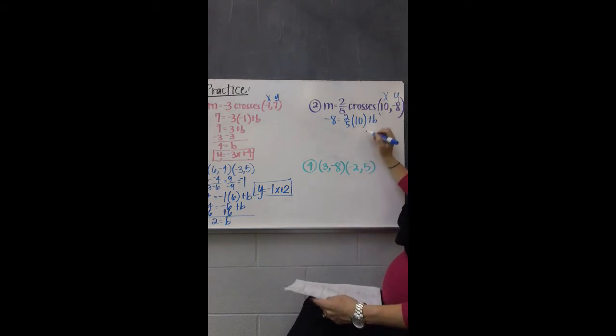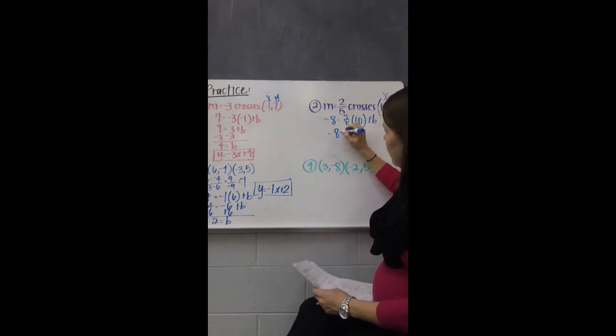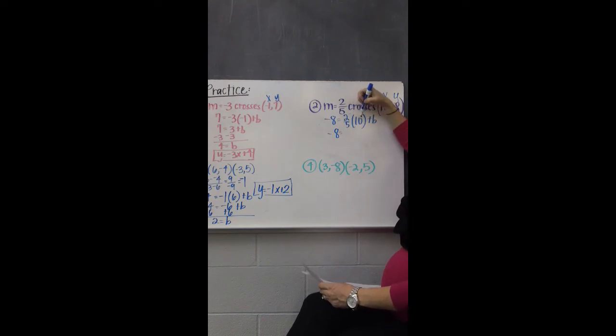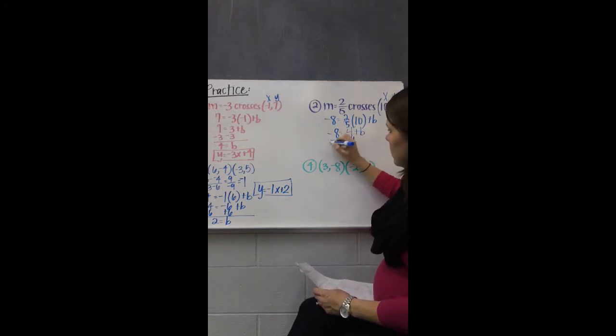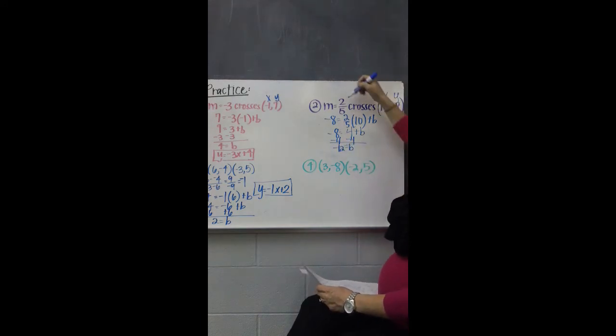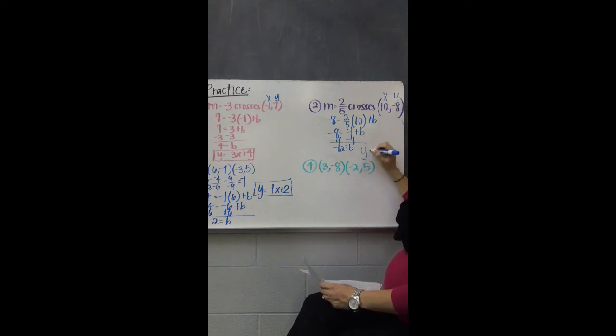So now, -8 equals 2/5 times 10. 2 times 10 is 20, divide by 5, gives me 4, plus b. Subtract 4 on both sides, I get b to equal -12. Now I have my slope and my y-intercept, so my equation is y equals 2/5 x minus 12.